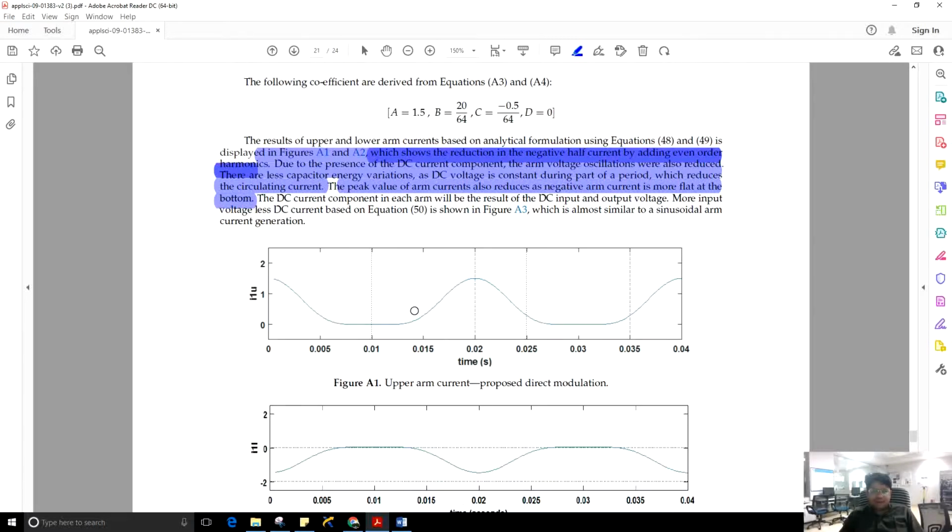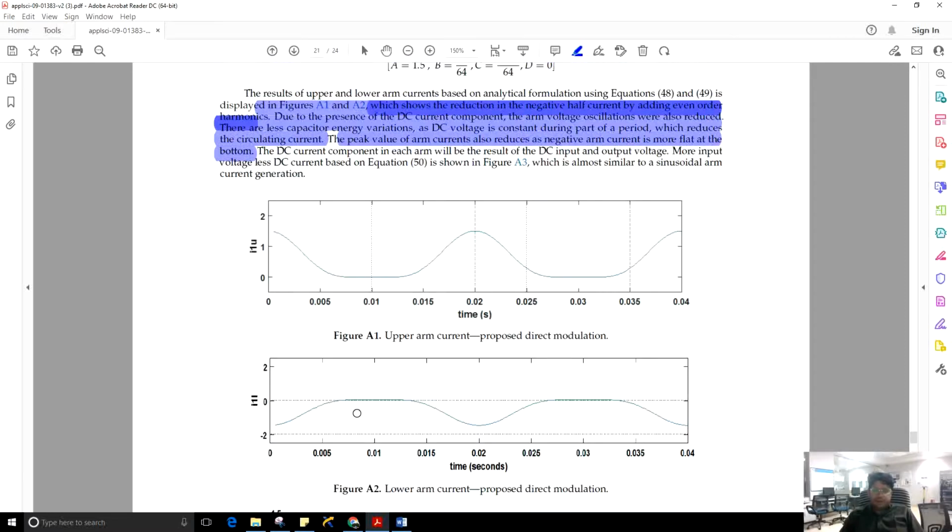There is less capacitor energy variation as observed, and DC voltage is constant during part of the period, which reduces the circulating current. So circulating current is reduced, because this is not purely sinusoidal in nature now, but its waveform is changed. The peak value of arm current also reduces, and the negative arm current is more flat at the bottom after adding the second and fourth harmonic.